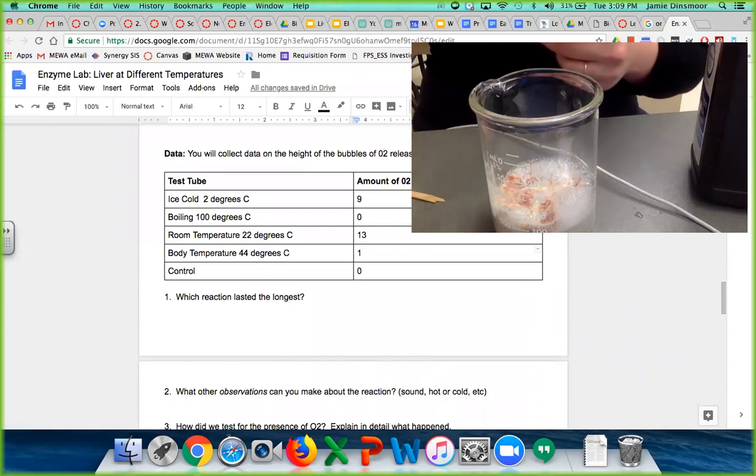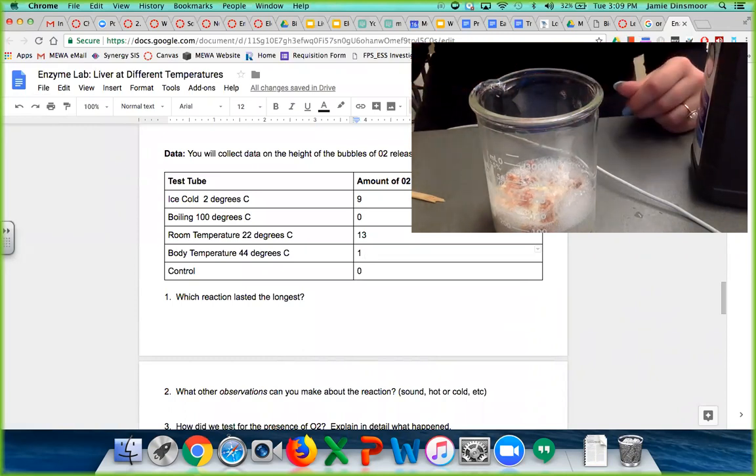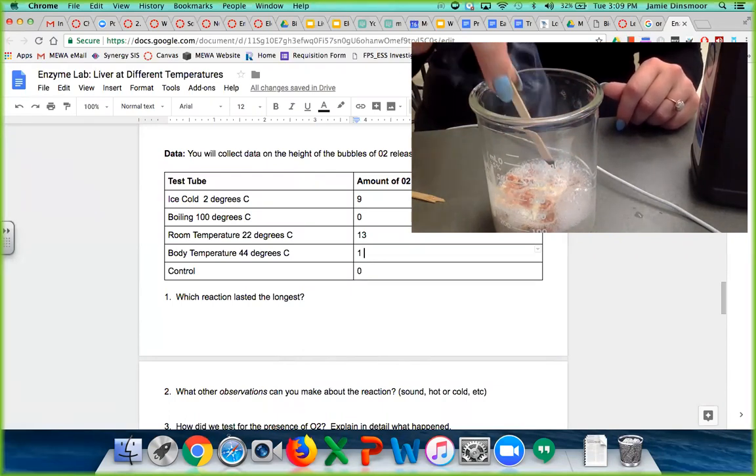So this is something that you probably can't try at home, but maybe you could with your parent supervision. You can buy chicken livers at the store. I wish I would have made the video bigger before. There we go. But again, enzymes can get used over and over and over, right?